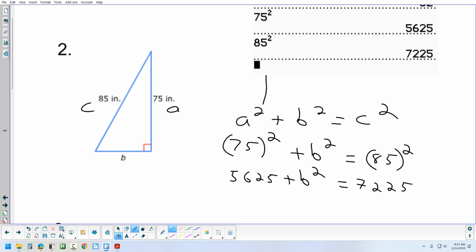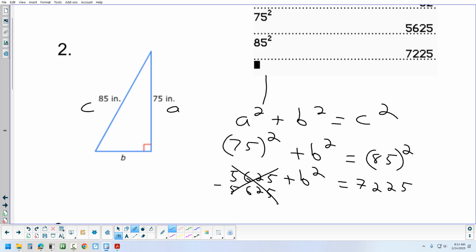Okay, now what's a little different about this one is the variable is not by itself. We've got something here that we don't want next to b squared. Okay, how would I move the 5625 to the other side? Do you know how we would move that over? Yeah? Yep, perfect. We're going to subtract it.